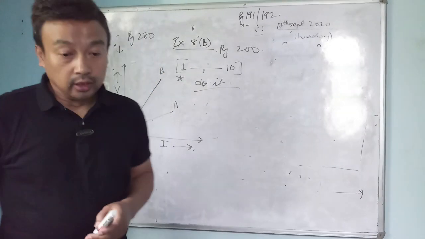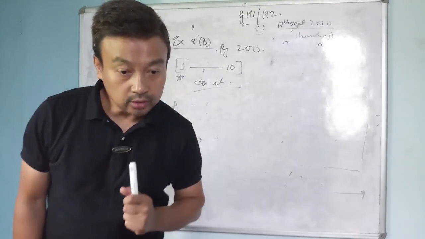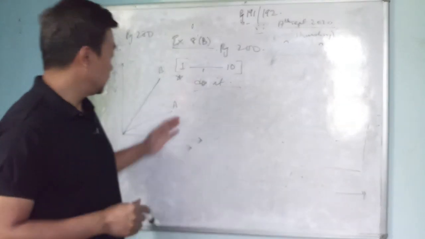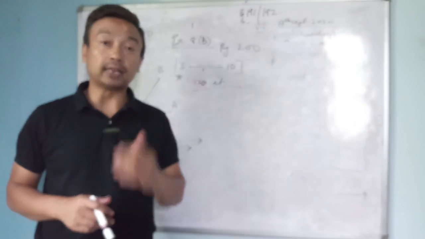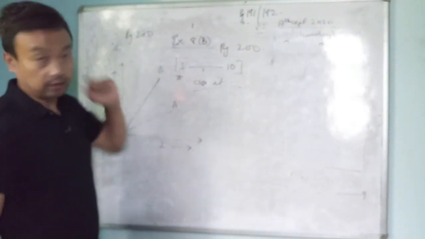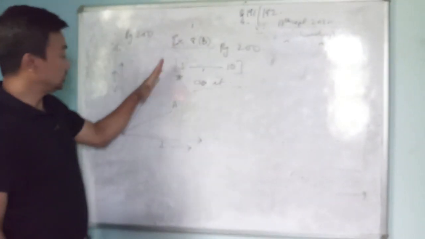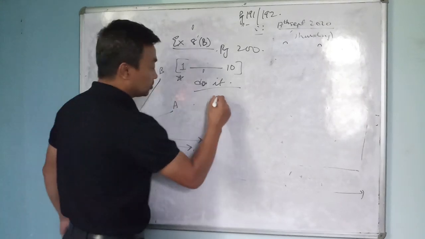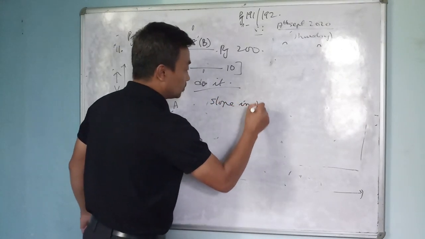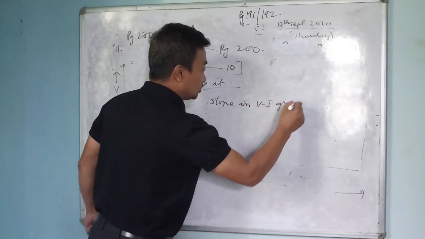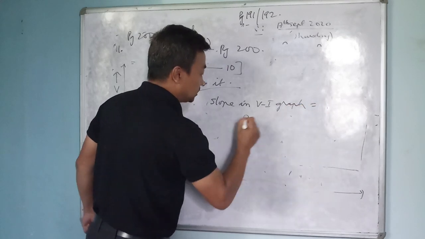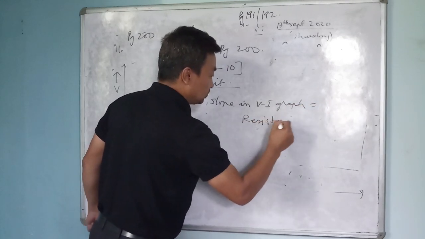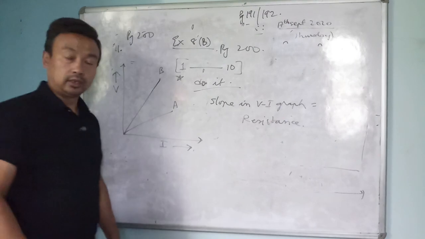Now you have to find which of the two lines, A and B, represents the parallel combination. First of all, you see that the slope in the VI graph gives you the resistance, yes or no? It gives you resistance.